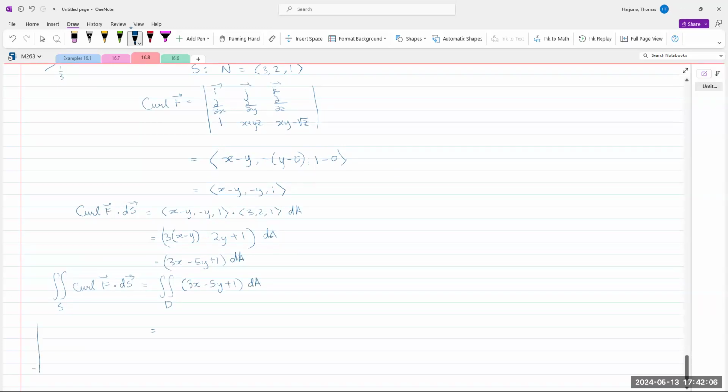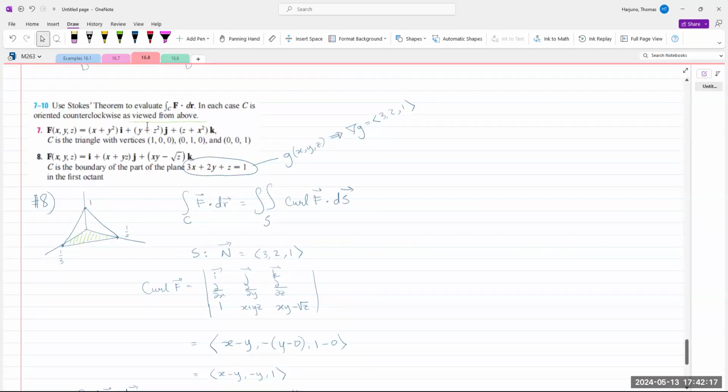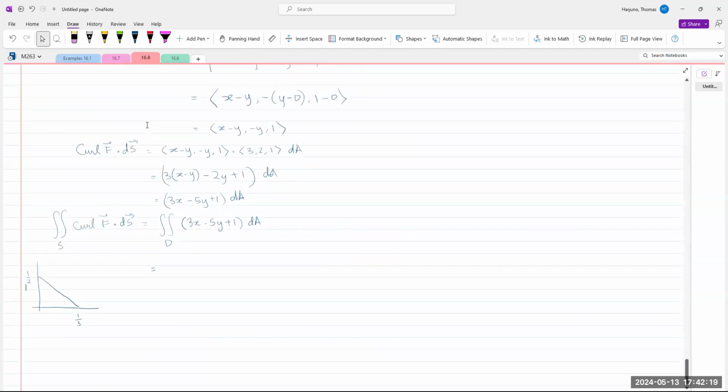Okay, now let's see the ground. On the ground D, we have 1/3 here and then 1/2 here. What is the equation? When z equals 0, this is 3x plus 2y equals 1.